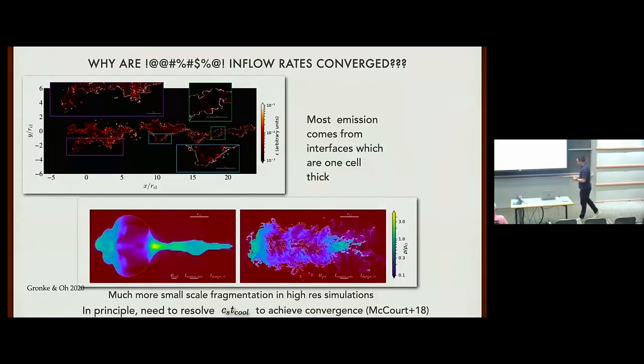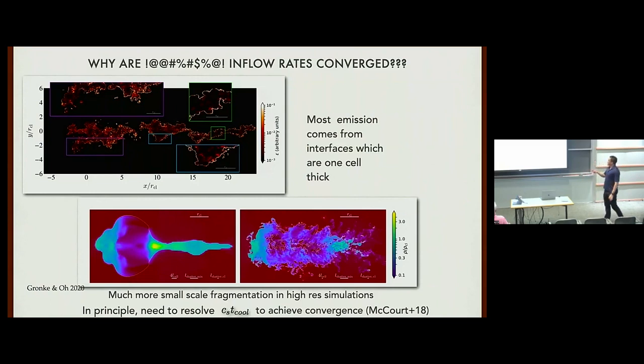And then the second thing was that you can run simulations at varying resolution. And as Drummond showed on Monday, the interface is fractal, meaning that the interface is scale-free, and the area will increase as you increase your resolution, just like the length of a coastline increases as you look at smaller and smaller scales.